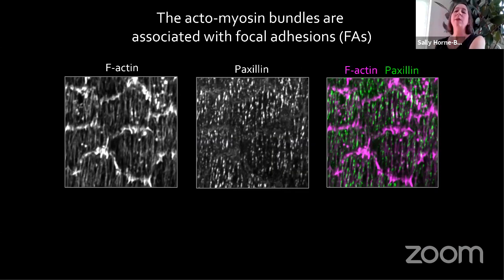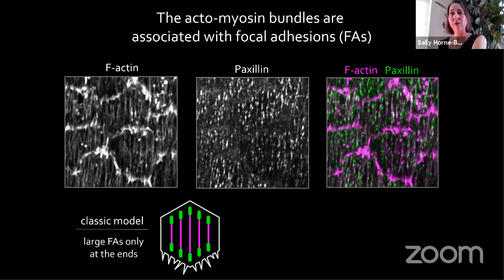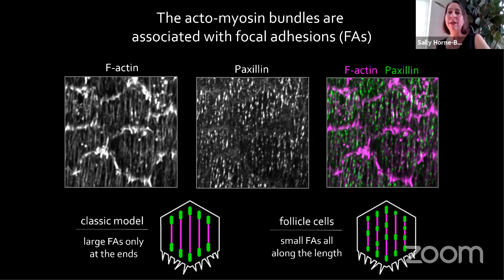Okay, so consistent with these structures being ventral stress fibers, we know that they are anchored to the basement membrane through integrin-based adhesions. But unlike this classic model for ventral stress fibers, where you only have those focal adhesions at the ends of the actin-myosin bundles, in the follicle cells, each one of those fibers has multiple small adhesions along its length.